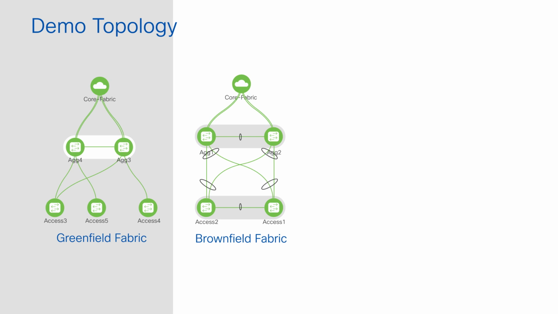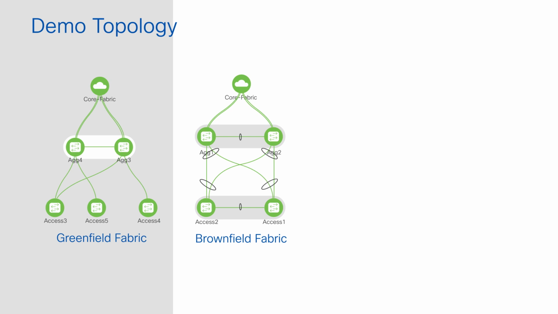Here we have back-to-back VPC between the access and the aggregation, and we also have VPC pairing between the aggregation switches and between the access switches. These are some of the topologies that are quite common in the classic LAN world, and all of these would be supported in Enhanced Classic LAN.